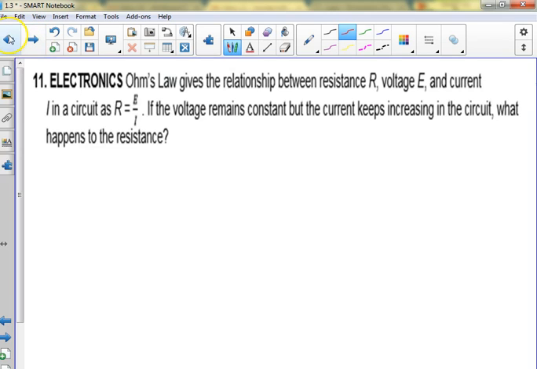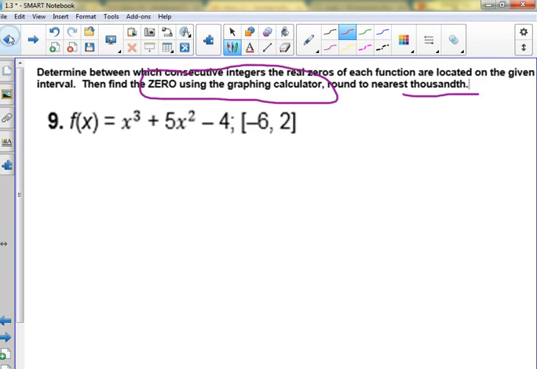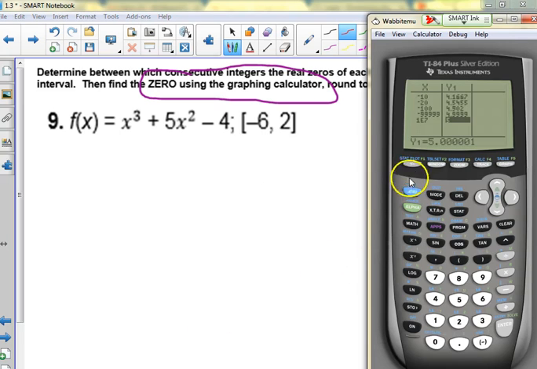Is there one that maybe has a funky window? You want to try 9 or 10, guys? Which one? 9? Okay. I don't think we need to do both, but let's type 9 in. X to the third, arrow to the right, which I always screw up, plus 5x squared minus 4.